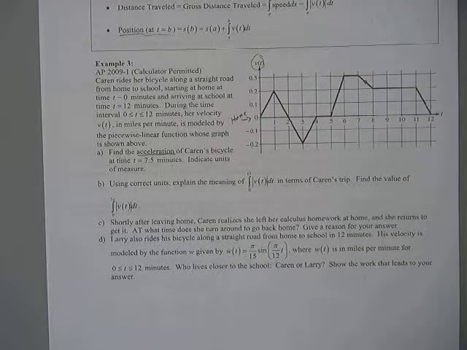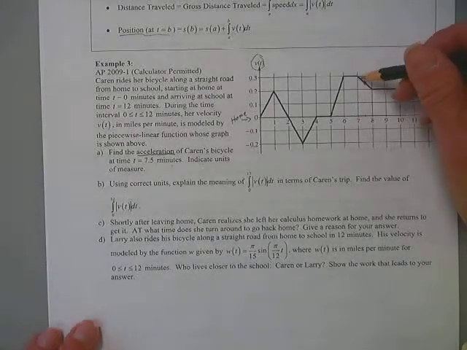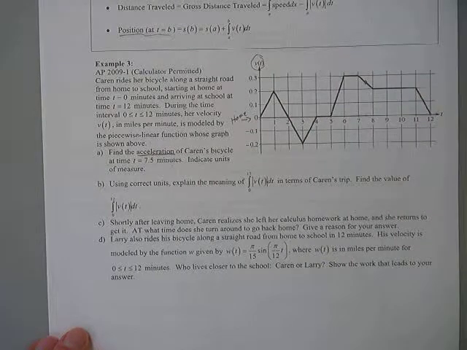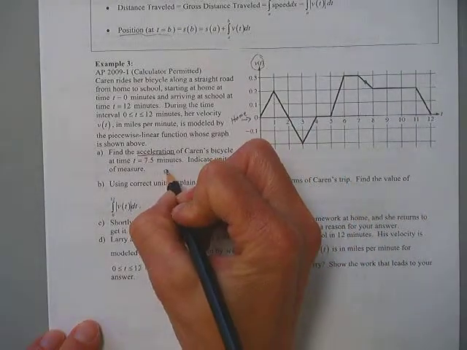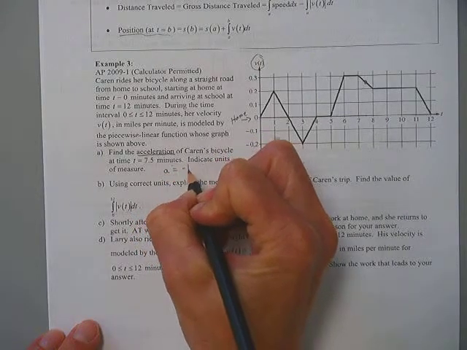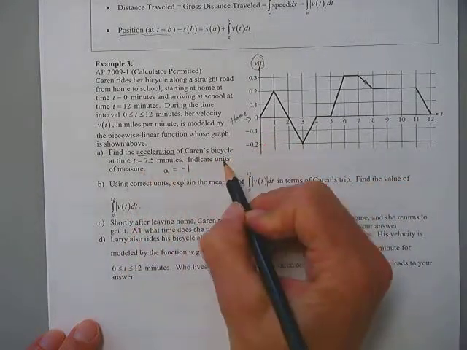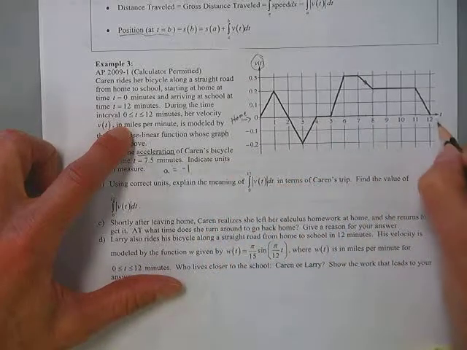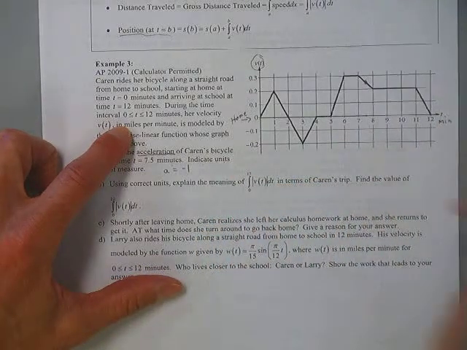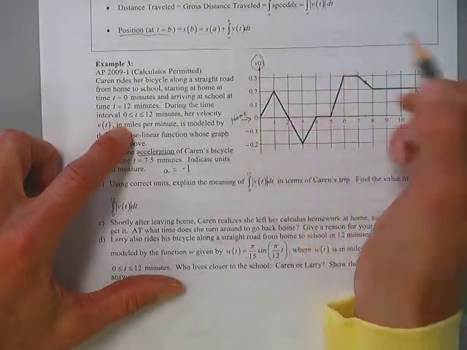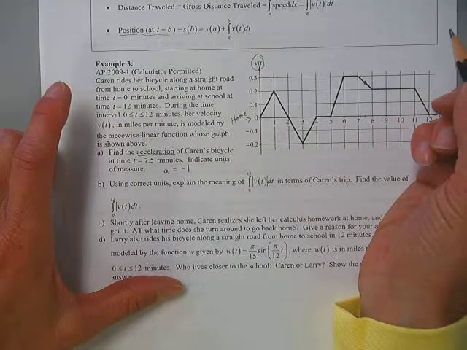Now, just look at this line. Does it have positive or negative slope? It has negative slope. Great. And what is its slope? -1. So acceleration equals -1, but now we have to do the units. This is minutes.